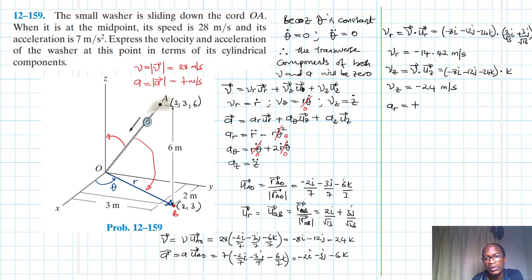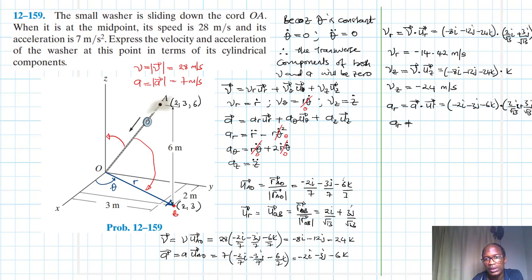This is equal to the vector itself dot UR, which is minus 2i minus 3j minus 6k dot 2 over root 13 i plus 3 over root 13 j.